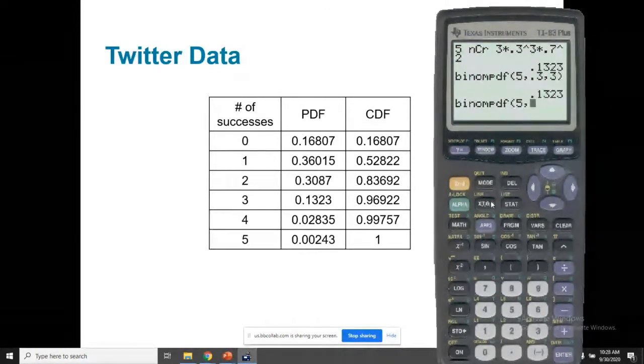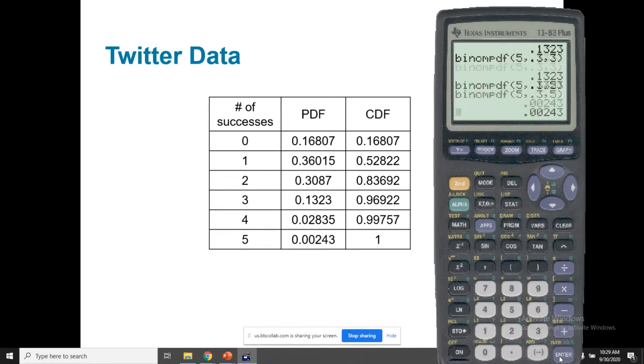We're going to put in p, which is the probability of success, so we have 0.3. And we're going to put in 5 because we want the probability of exactly 5. And notice we get 0.00243. All right, so that is the probability, or the PDF.